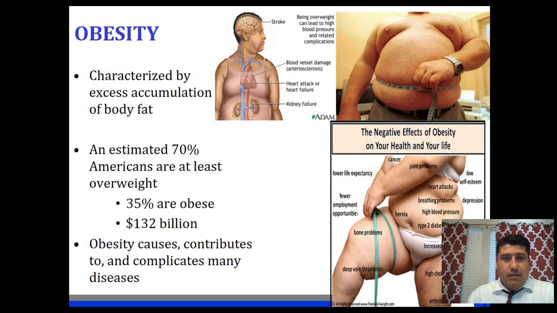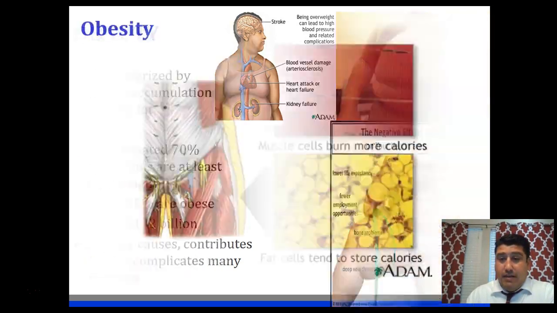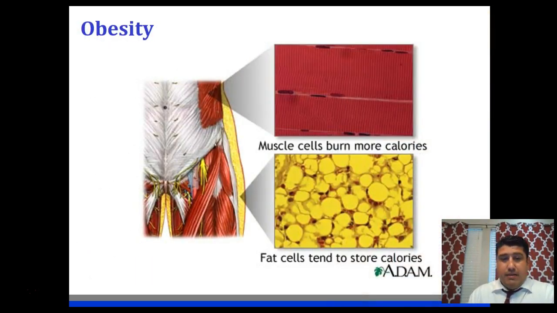Here are some more pictures of obesity, how it's characterized. It's characterized by the accumulation of body fat. Typically, body fat is located just beneath the skin in a layer called the subcutaneous layer. Let's say this is the hip region of an individual.